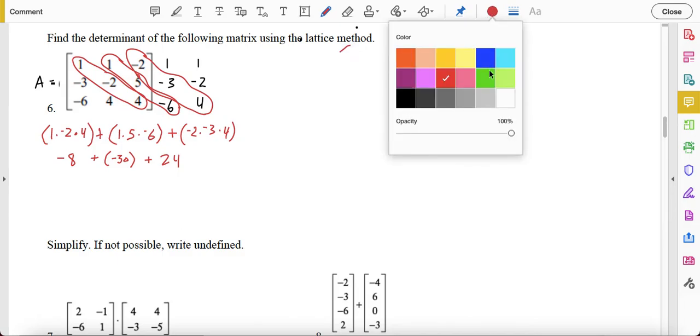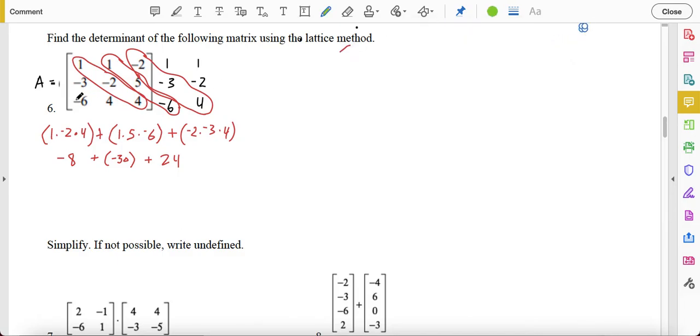And then I usually change to a green color, and we make three upward sloping groupings. For each of these it's the same thing, but we're going to subtract each one. So minus -6 times -2 times -2.